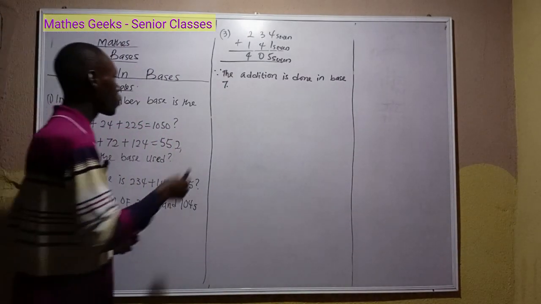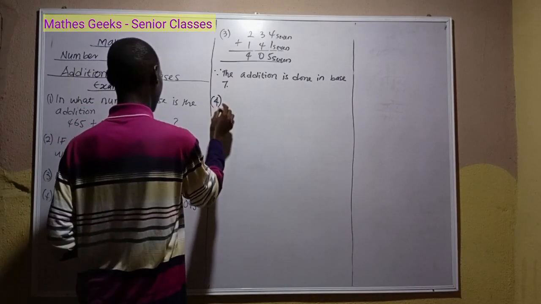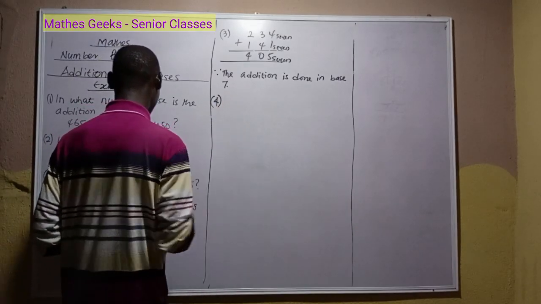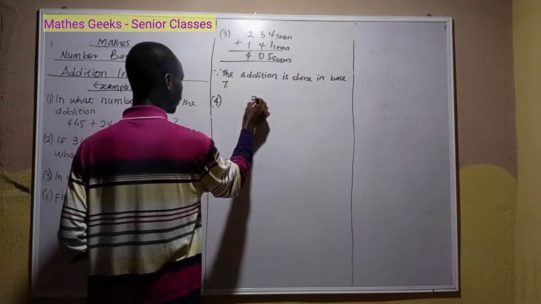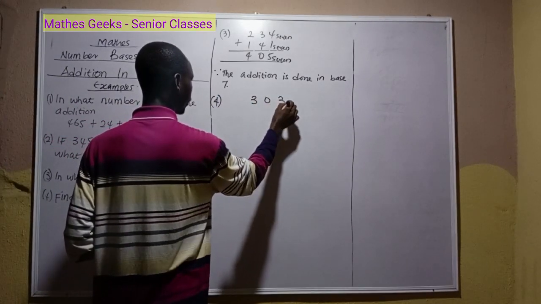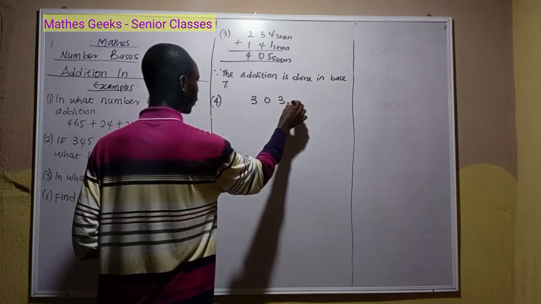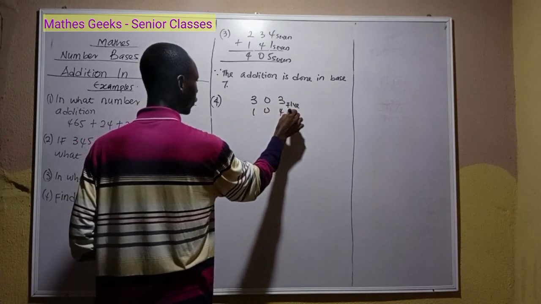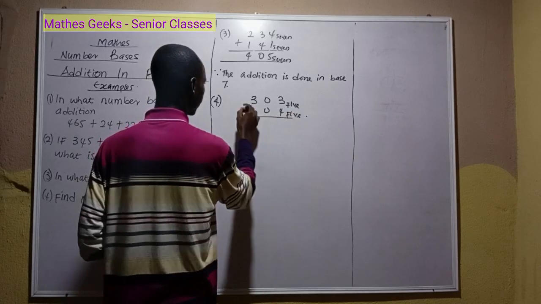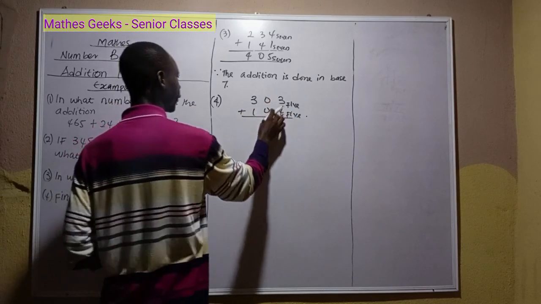Number 4. Find the sum of 305 and 1045. So 3 plus 4 is 7.